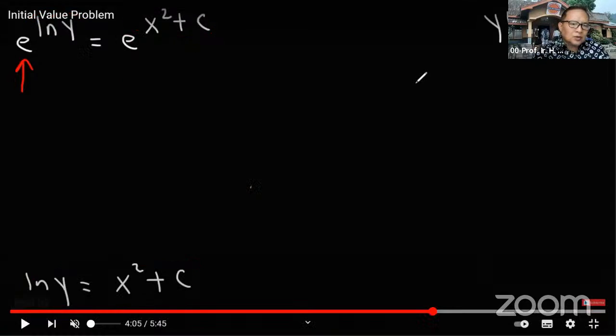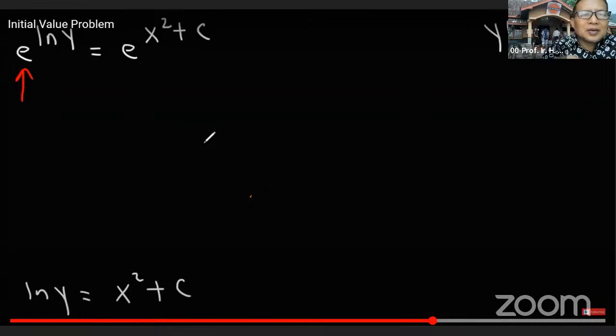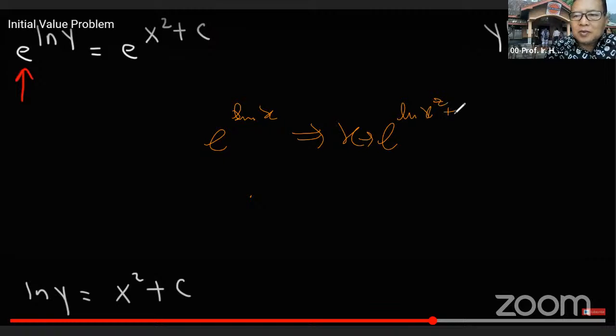Just to remind you the rule: e to the power of ln x, for example, becomes x. And e to the power of ln x squared over 3, for example, becomes x squared.